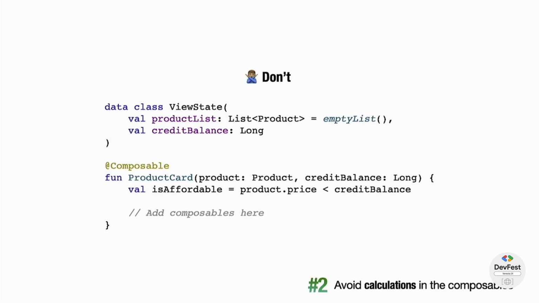But no matter how simple the comparison looks, remember that composable can be called multiple times per second. And this is not the only thing happening on your screen. There are multiple things happening, and if you let things slide, you will end up with performance issues.